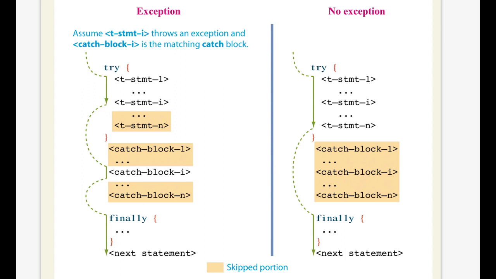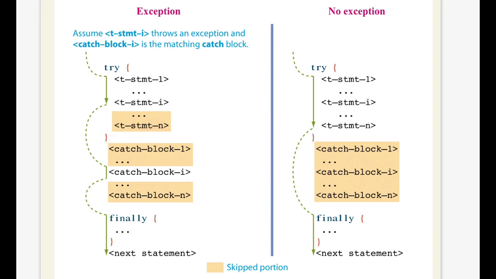That means these statements up to T statement n are not going to be executed. This part is written in yellow color, which represents the skipped portion. So after T statement i, the statements are skipped until statement n, the last statement in the try block.